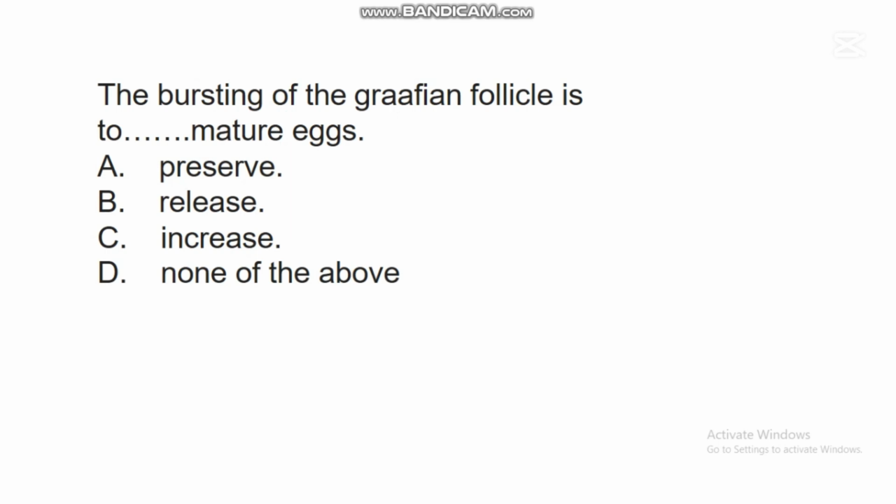In this question, the correct answer is B. To release mature eggs. The Graafian follicle contains the egg cells. So when the egg cells mature, the Graafian follicles will burst in order to release the egg cells. So the process whereby the egg cells are released is now called ovulation.